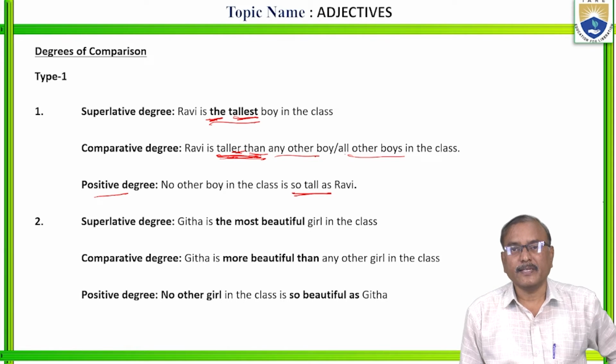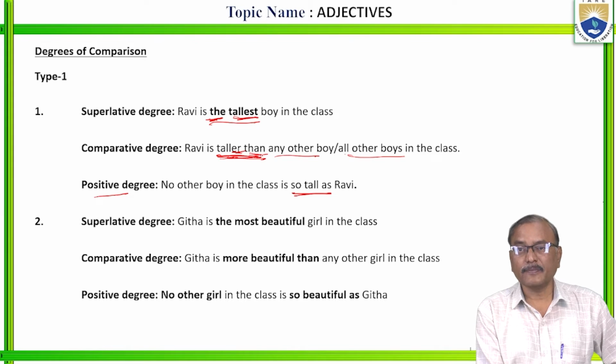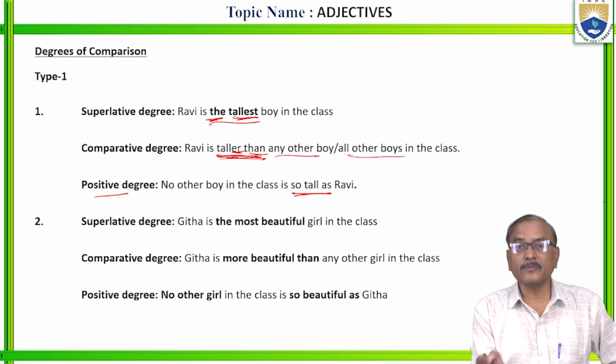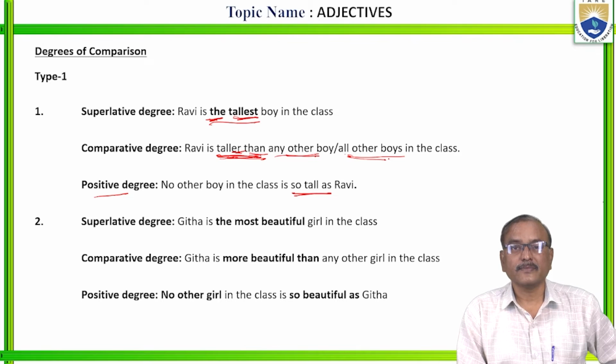Then you can be confident. So just remove "est" and keep "taller," and immediately keep "than": taller than. Who is taller? Ravi is taller. Taller than whom? Any other boy or all other boys in the class. Clear now?